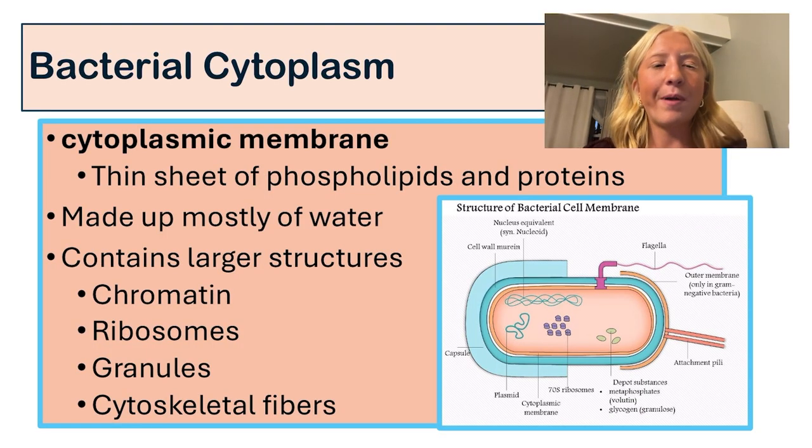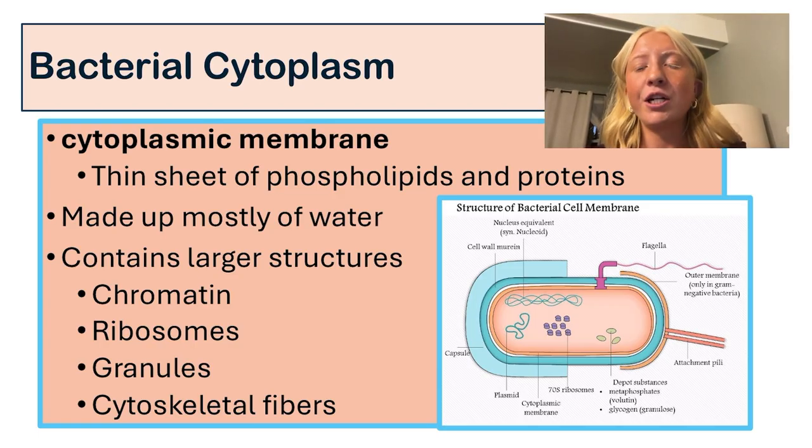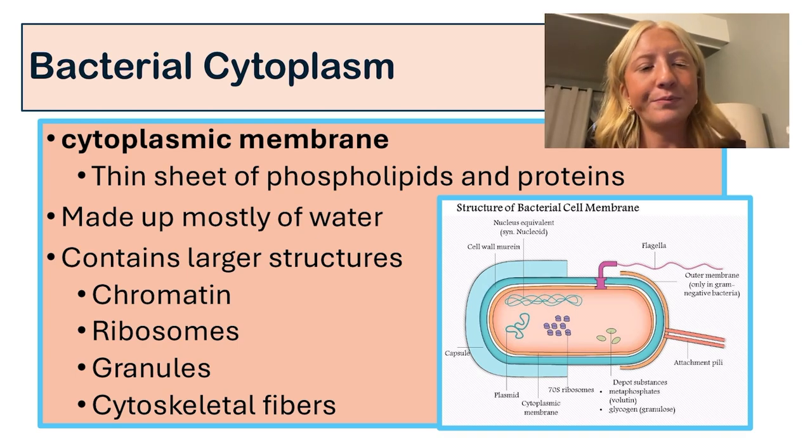So now I'm going to talk about the bacterial cytoplasm. This is the internal fluid found within the cell, and it surrounds and provides nutrient processing like synthesis, and it regulates the transport of nutrients into the cell, and it also regulates the waste going out of the cell.